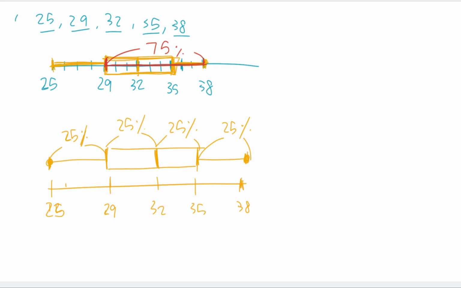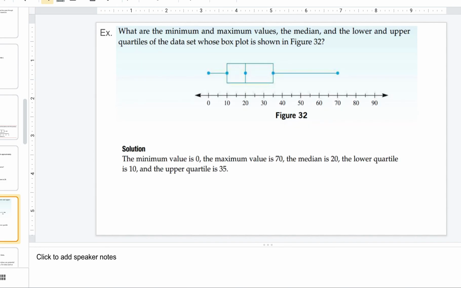Let's have one more example there. What are the minimum and maximum values, the median and the lower and upper quartiles of the data set whose box plot is shown here? Well, it's exactly 5 number summary, isn't it? So we know that this is a minimum. Minimum is 0. Q1, the first quartile is 10. And what is this? Median, Q2 is 20.